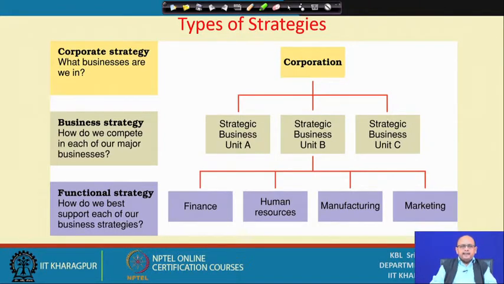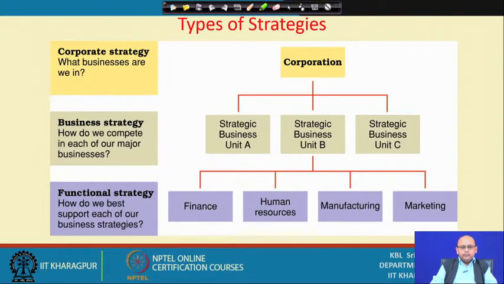Now, these three strategies, or this hierarchy of strategy, has to be seen at different levels. So, when we are talking about corporate strategy, the idea is how this business is going to contribute to performance, right. So, what kind of businesses we have to be, what are the strategies at the corporate level that we need to adopt.